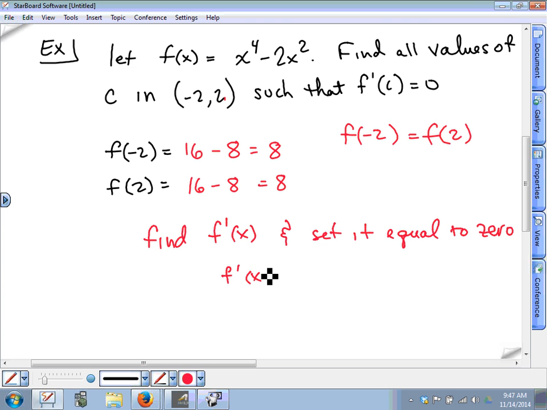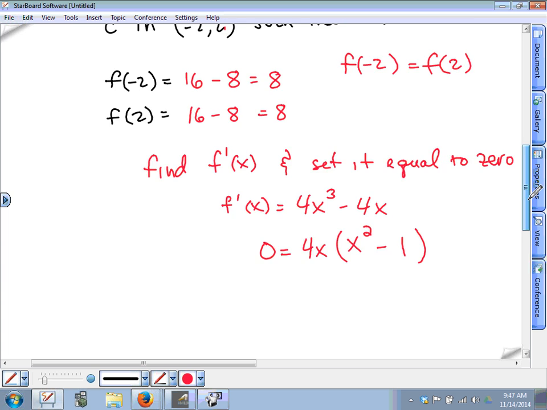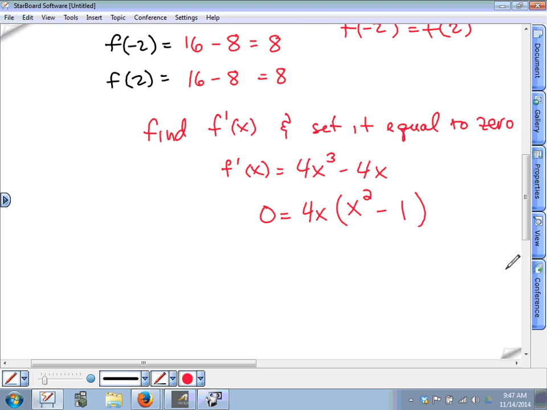So f prime of x is 4x to the third minus 4x. And now we set that equal to 0. Pull out 4x, and you factor out 4x. You guys finish that one up.